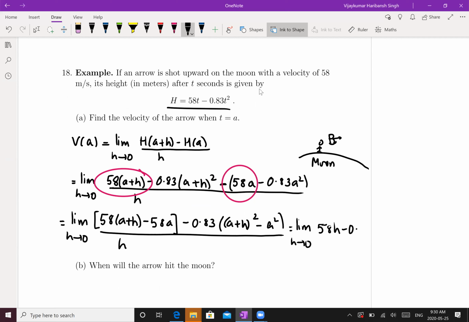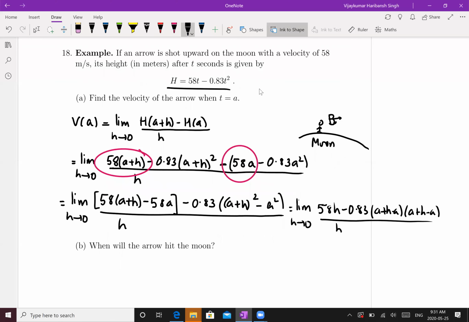And here I'll get 0.83 times, now a squared minus b squared is a plus b times a minus b, so a plus h plus a, then a plus h minus a, the whole divided by h. Now I need to borrow some space here. So this is going to be the limit as h goes to 0.